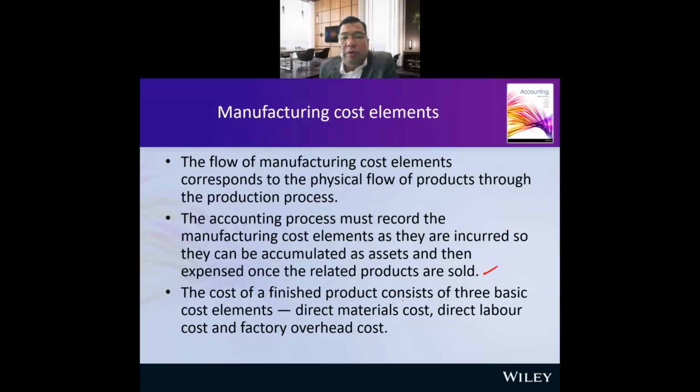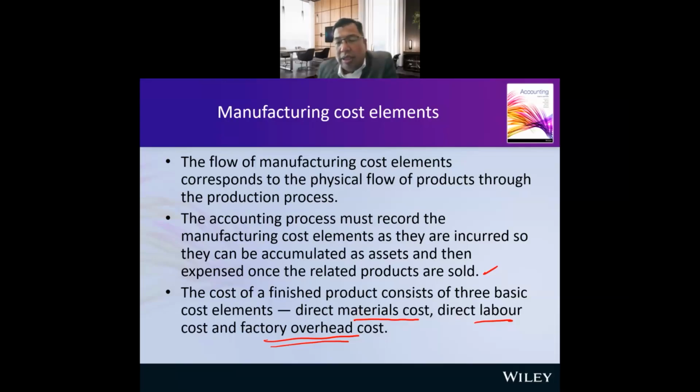The cost of finished product consists of three basic cost elements. What is the cost of the finished product? Direct material, direct labor, and also the factory overhead. Direct material is the raw material needed to produce the finished good.